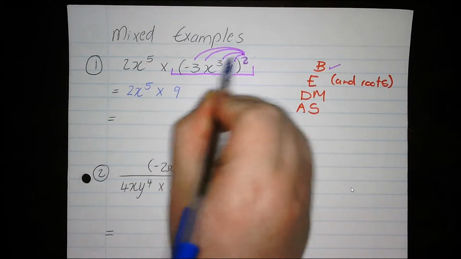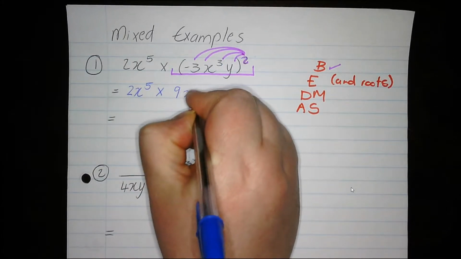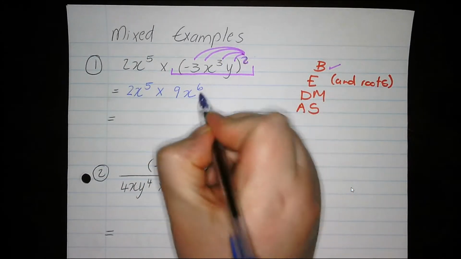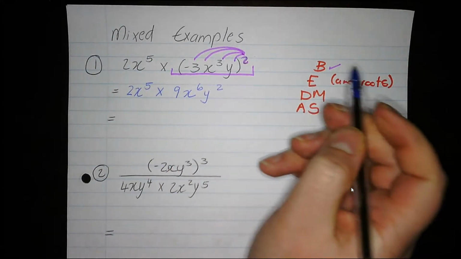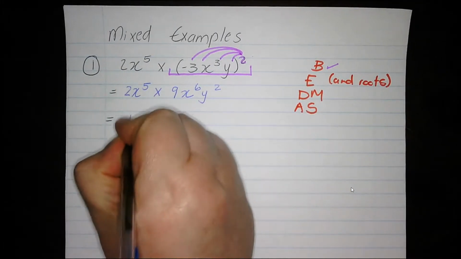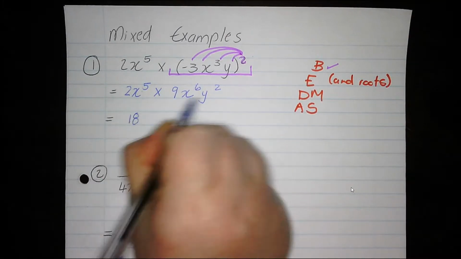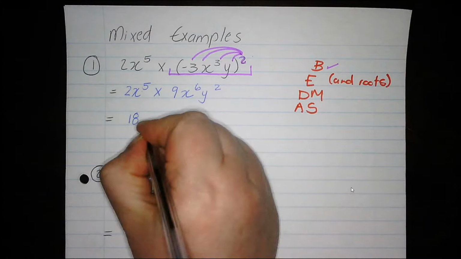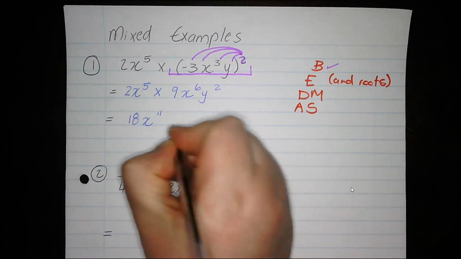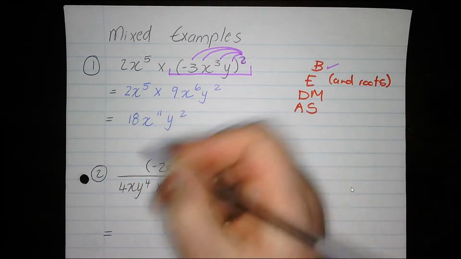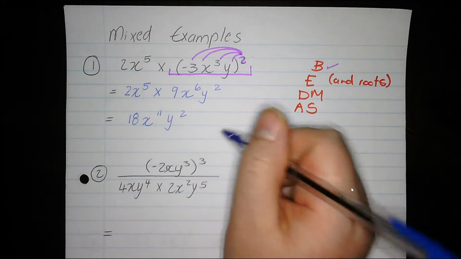Remember, when you raise a power to a power you multiply the exponents, and y to the power 2. 2 times 9 is 18. 5 plus 6, remember when you're multiplying you add the exponents, so that's x to the power 11 and y squared, and that's it for that one.